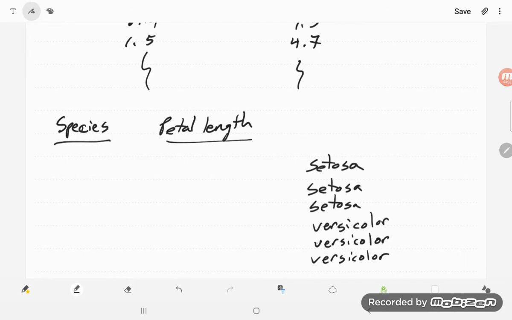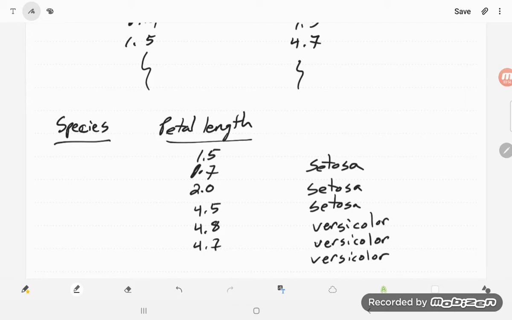And again, the setosa had the shorter ones, so maybe 1.5, 1.7, 2.0 maybe. And then the versicolor, 4.5, 4.8, 4.7, something like that.